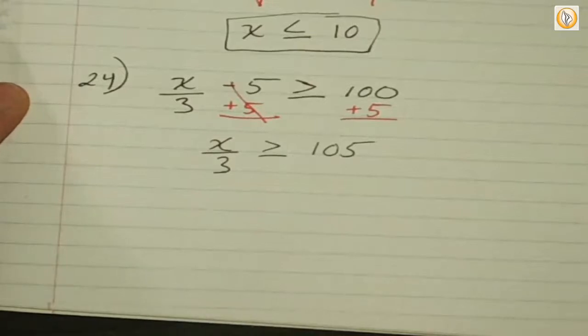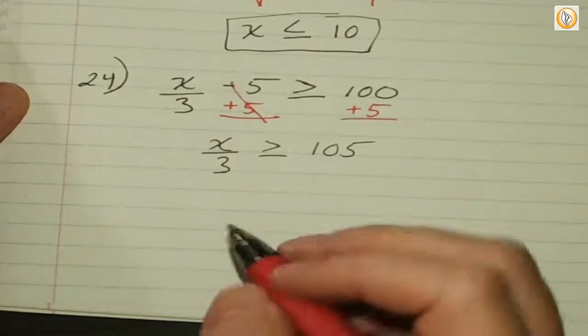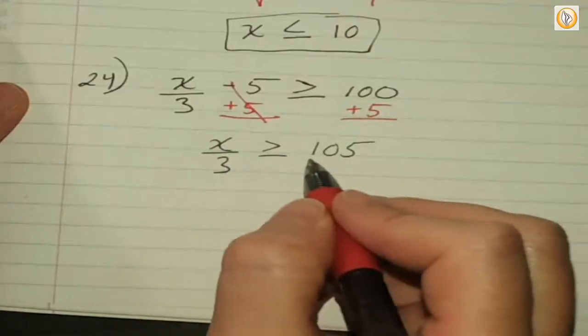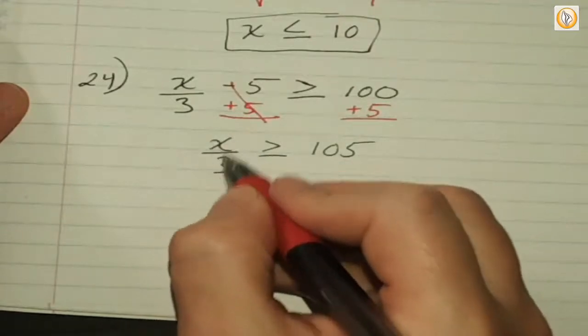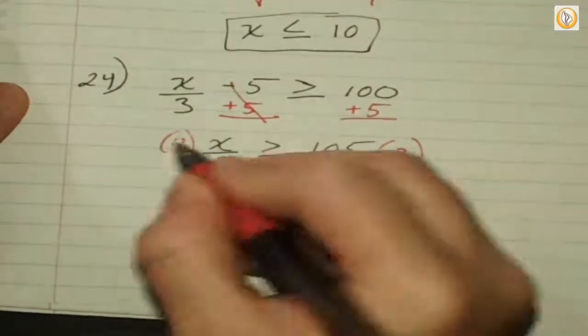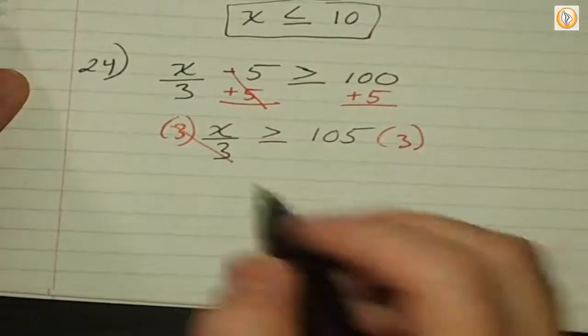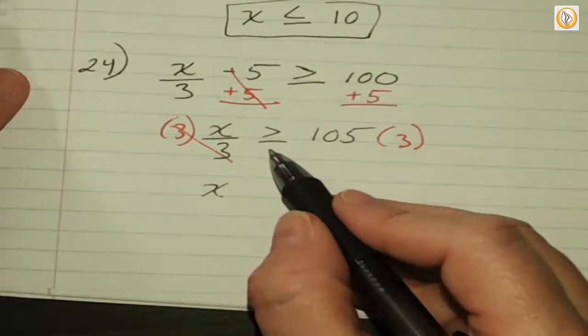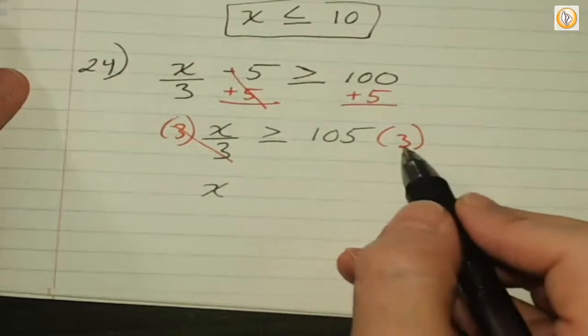You multiply by 3 on both sides. Because if x and 3 are dividing, then the opposite is multiplying. So I'm multiplying both sides. Now, do I flip the sign or does it stay the same? It stays the same because it's a positive, not a negative.